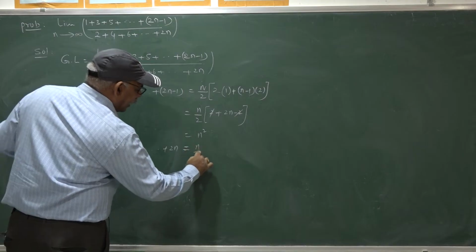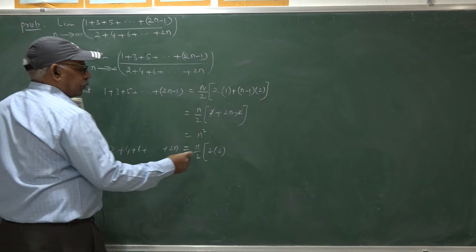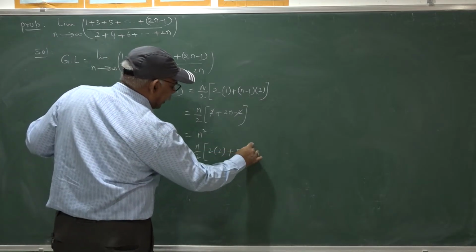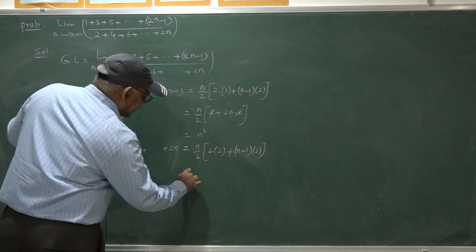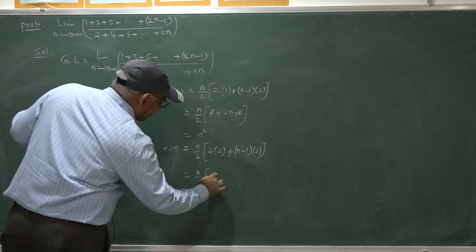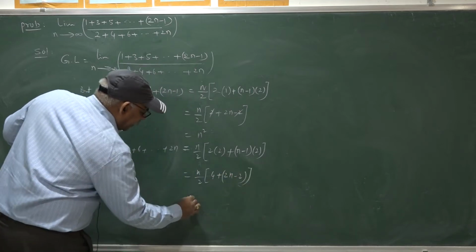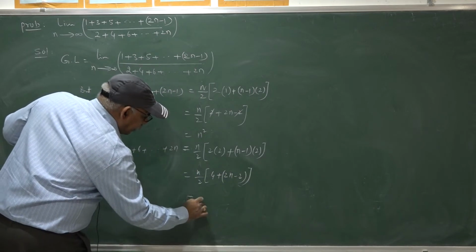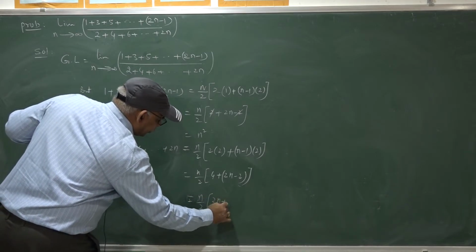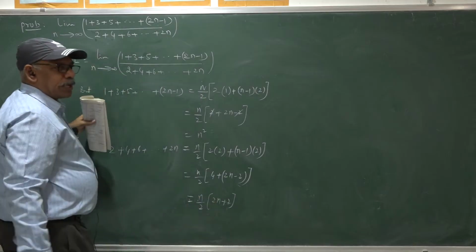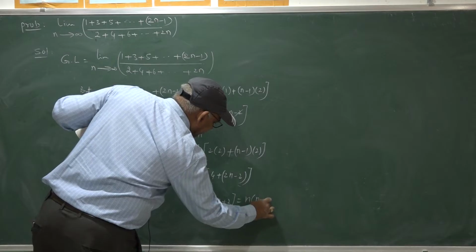That is n by 2 into 2 times 2, plus n minus 1 into 2, that is n by 2 into 4 plus 2n minus 2, which gives n by 2 into 2n plus 2. You can take 2 as common and cancel these 2, so that we get n into n plus 1.